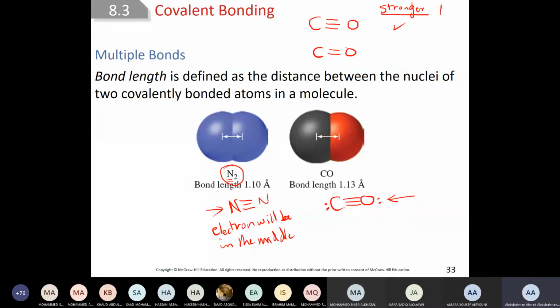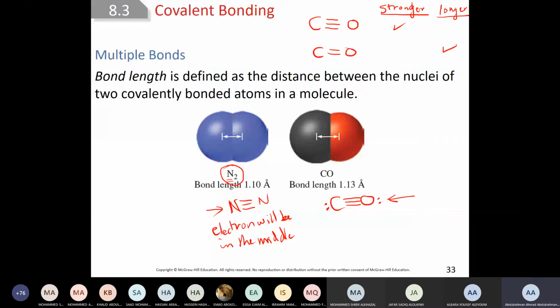How about longer? The double bond is longer. Why is that? Because it's a weaker bond.